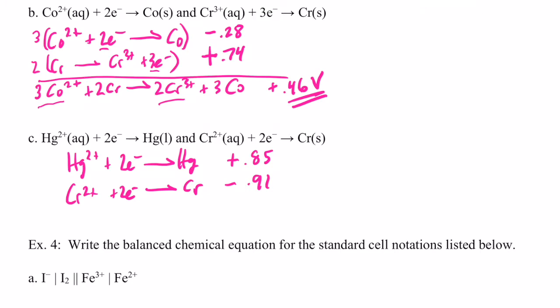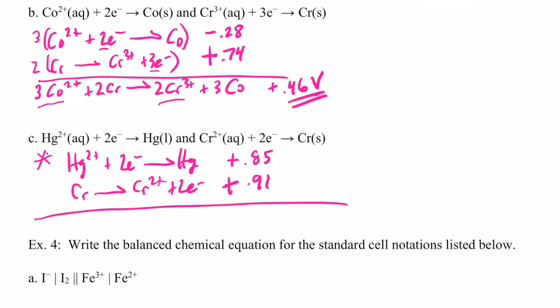So it looks like we're going to erase the chromium one again, because this one has a higher reduction potential. It will be reduced. So let's erase the chromium reaction and write it backwards. So that will be chromium becoming chromium 2 plus 2 electrons, and we'll change that sign to a positive. Now we can add these up. This is easier than the last one. Those 2 electrons gained and lost cancel.